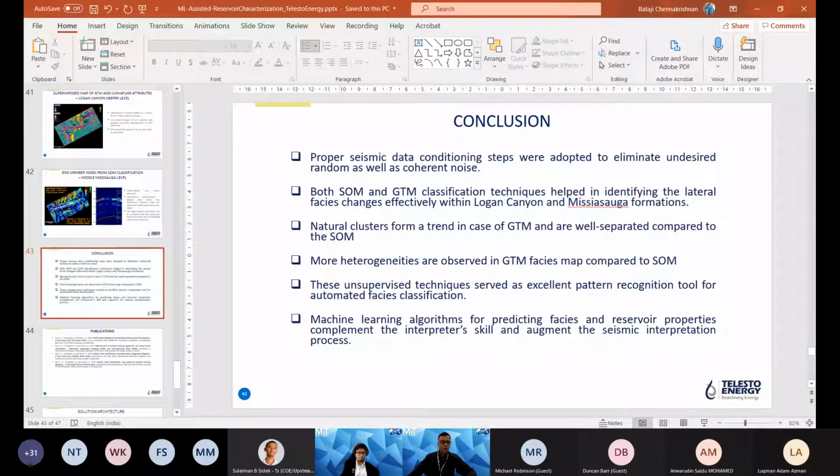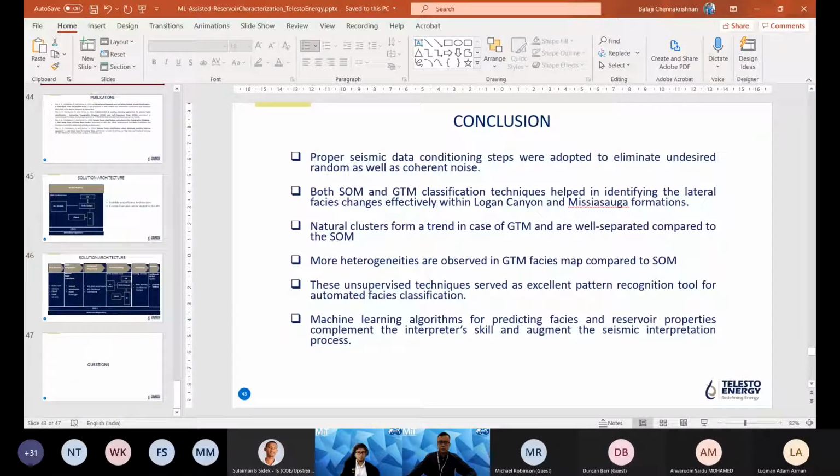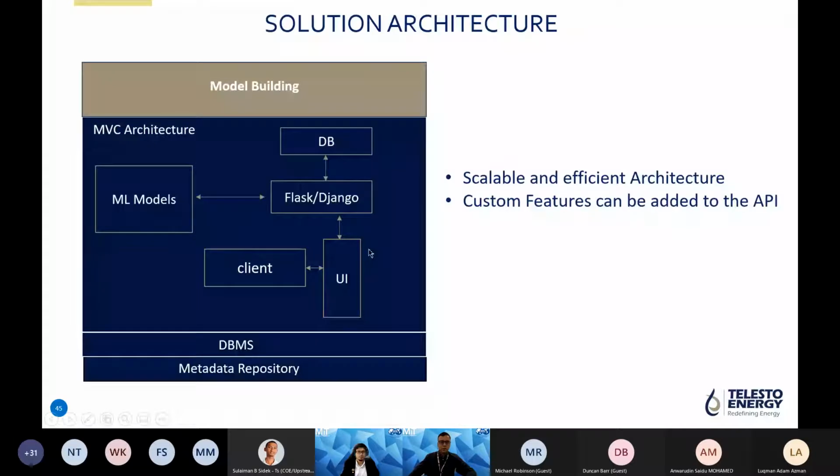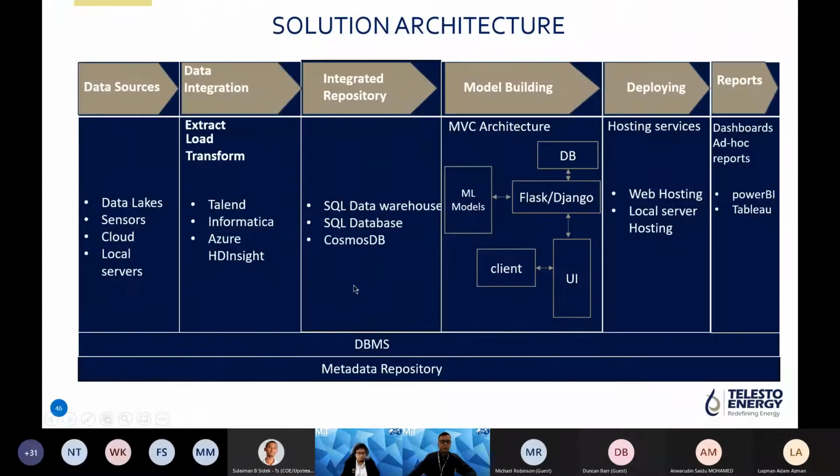I'm ready to take any questions, and if somebody is interested, I can quickly run through the solution architecture, but this is outside the scope of this presentation.